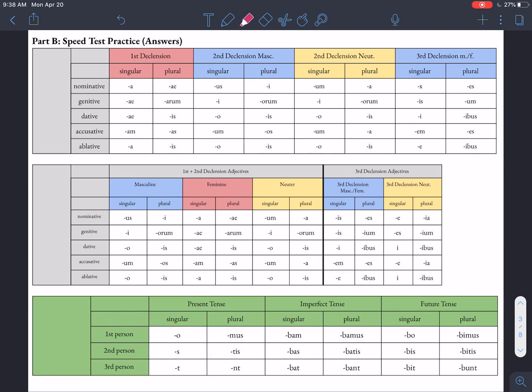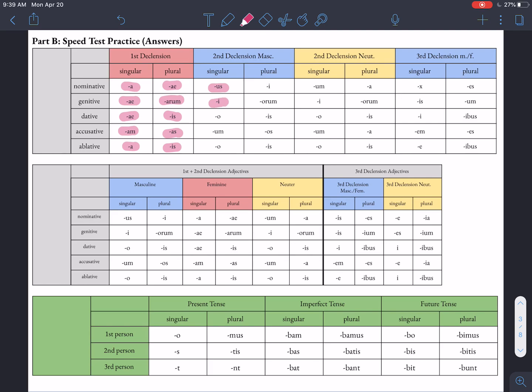Okay? So here we go. A, E, A, E, A, M. A, E, A, R, U, M. I, S, A, S, I, S, 2. Now the first declension's through. Now we're on to number 2.